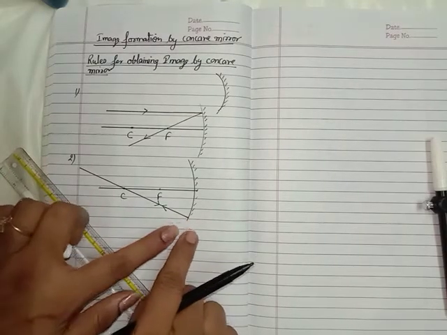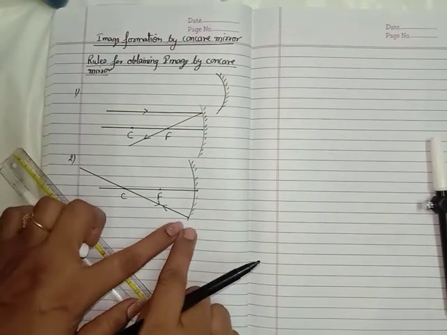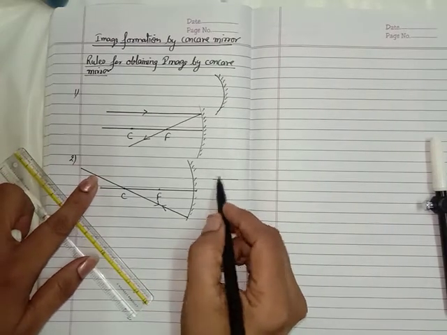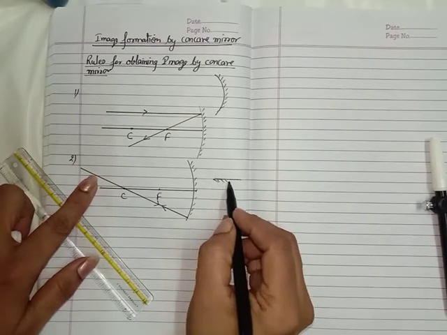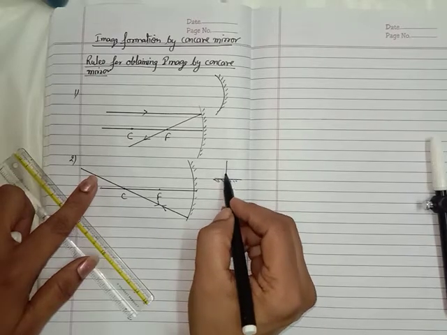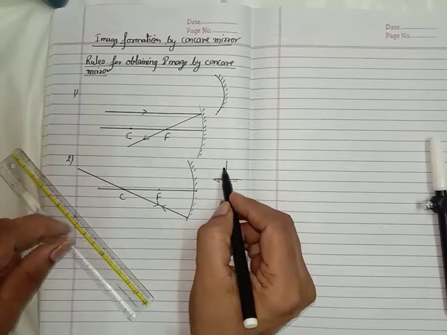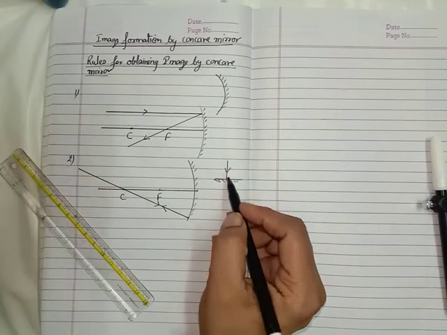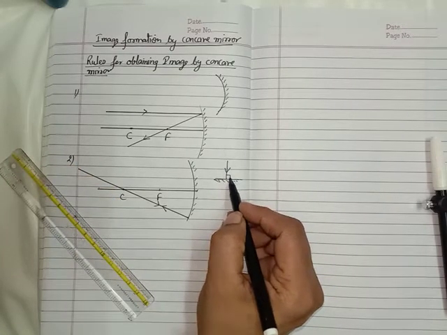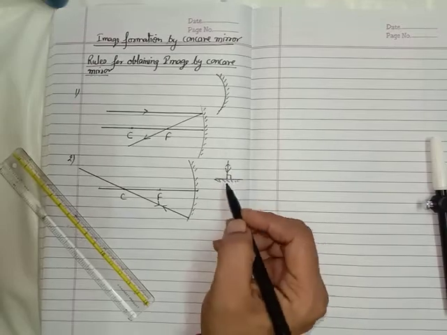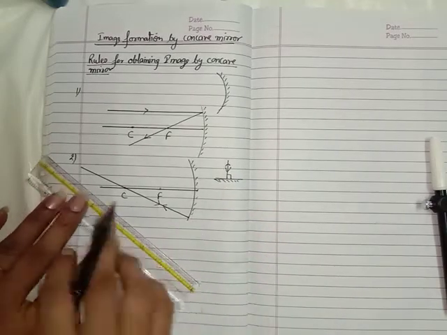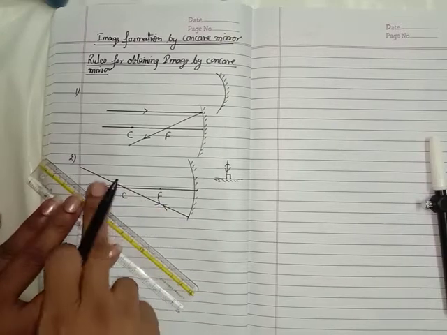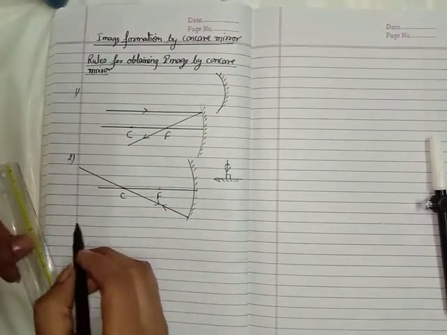You know in a plane mirror, if a light ray is at a right angle to the mirror, it always passes through its own path. So if the light ray is coming from the center of curvature, it always passes through its own pathway. This is the second rule.